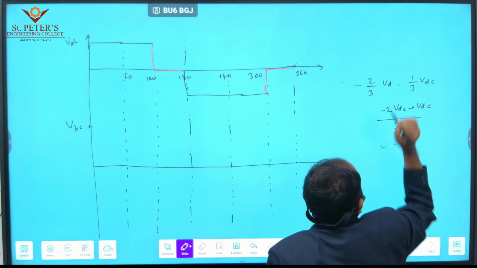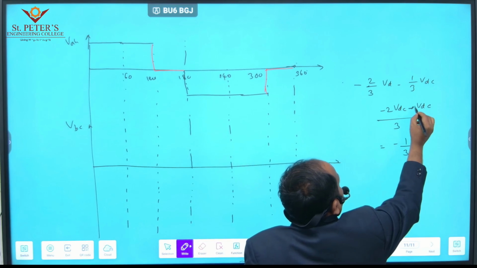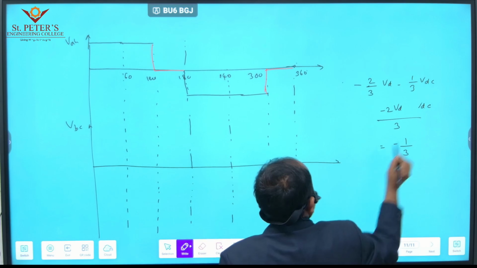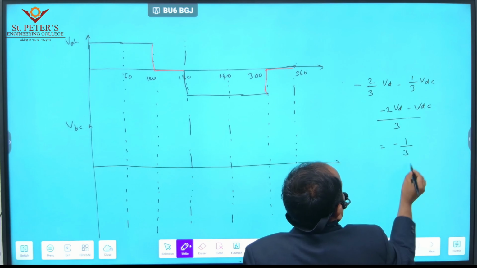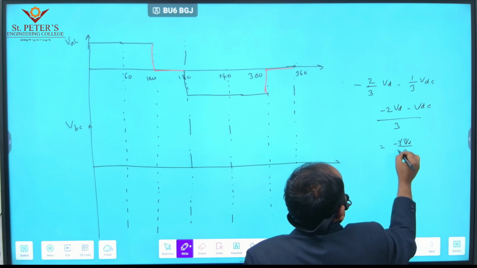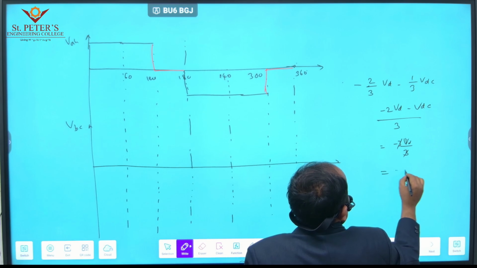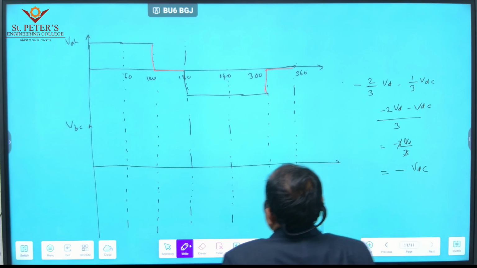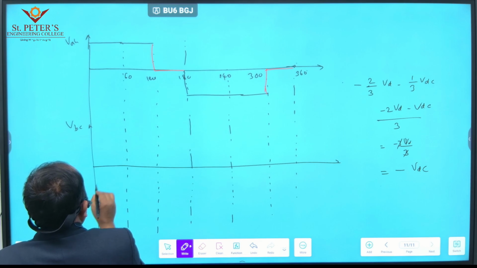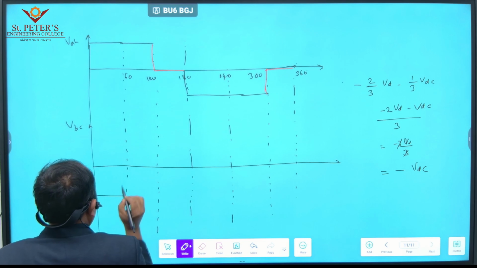Minus and minus is minus, so we get minus VDC. So from 0 to 60 degrees, that is minus VDC.